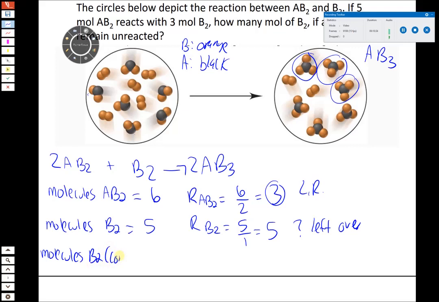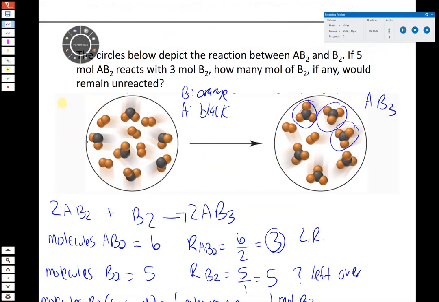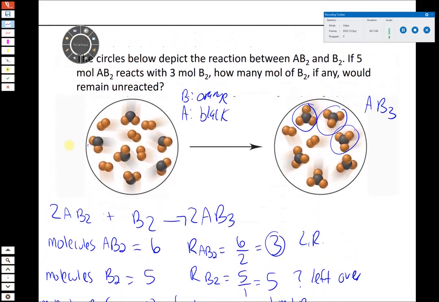So the molecules of B2 that are consumed are going to be, we have 6 molecules of AB2 reacting. And then from the balanced equation we have... Alright, I've been doing this problem all wrong because I didn't read it closely.